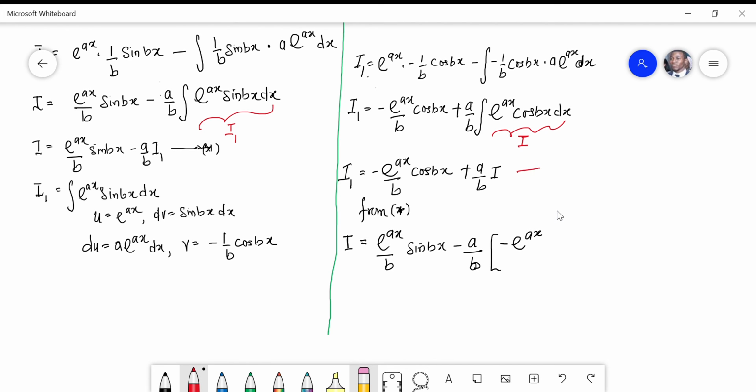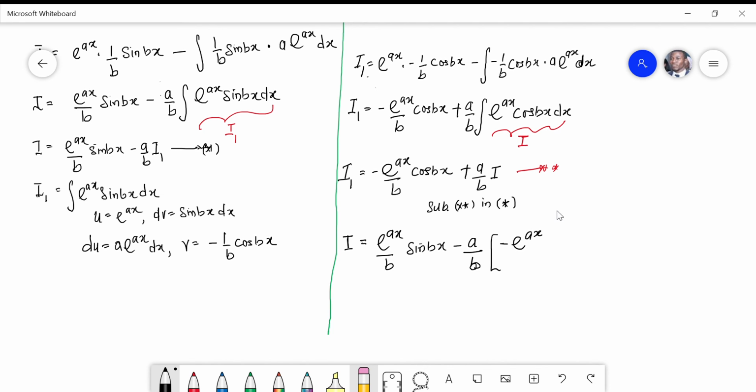So from asterisk, you just substitute in double asterisk in asterisk.